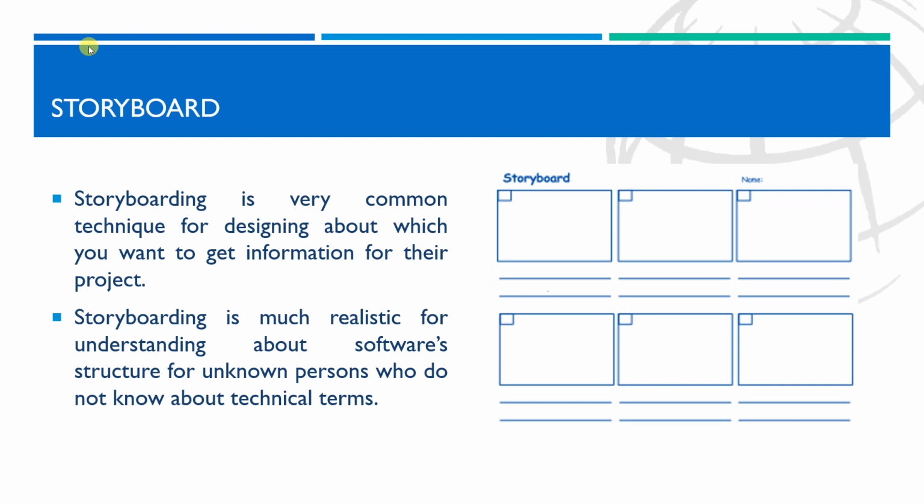It is just like paper prototyping. Storyboarding is a very common technique for gathering information for a project. Storyboarding is realistic for helping people who don't know technical terms understand the software structure.